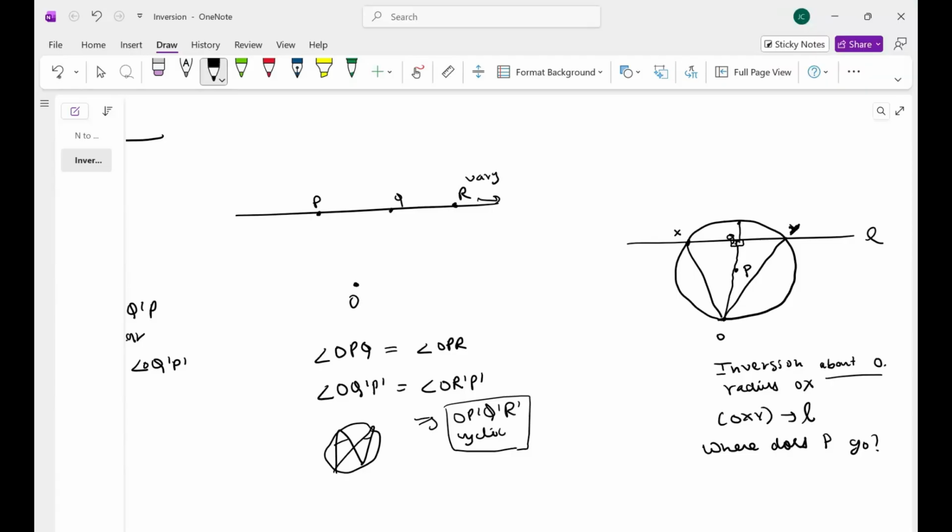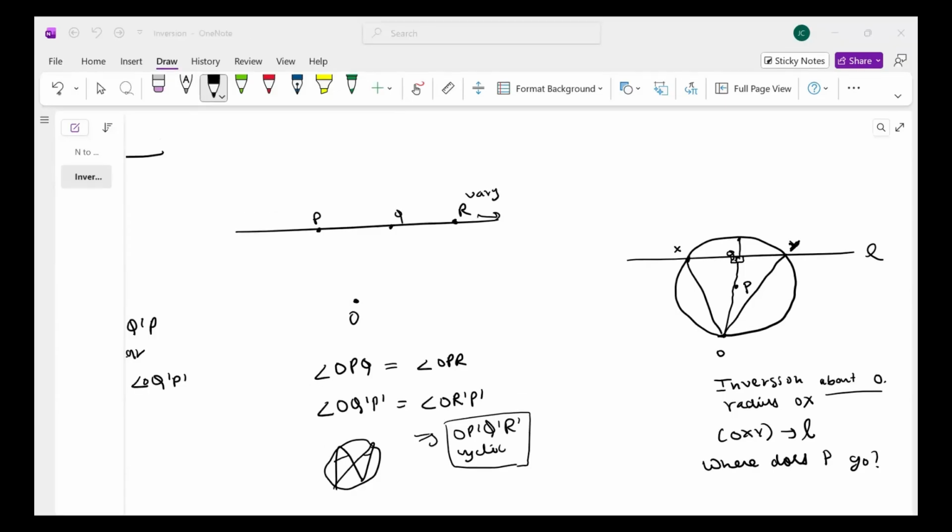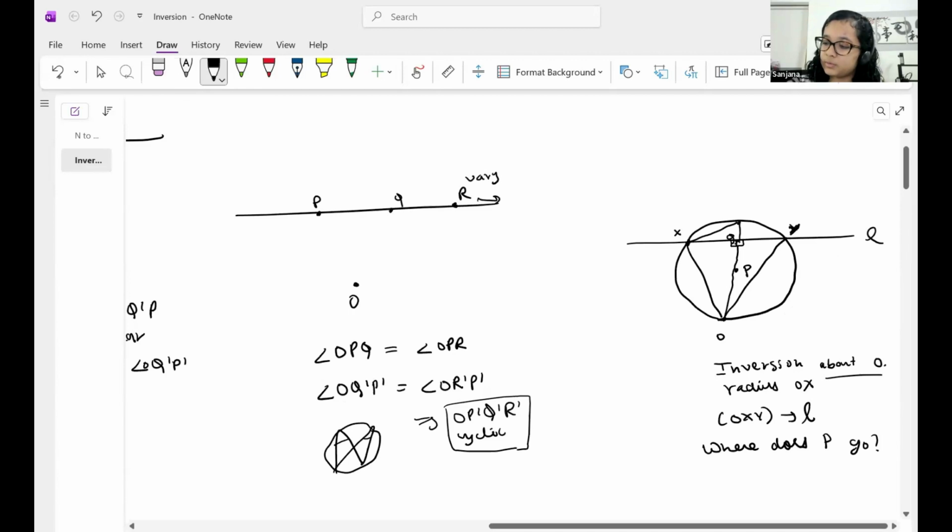It should be the diametrically opposite point to O, because that point will be OX 90 degrees. Yeah, exactly. So if you consider this point, the antipode of O, let's call it Q dash.